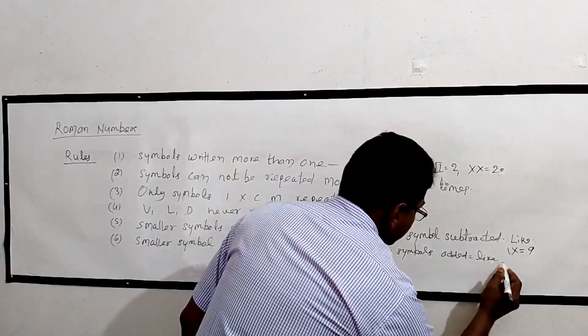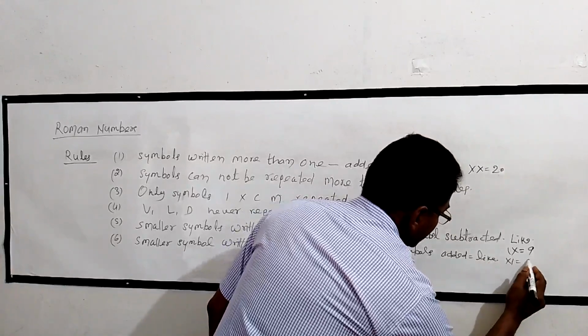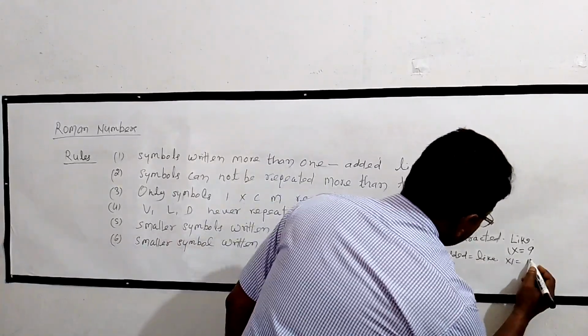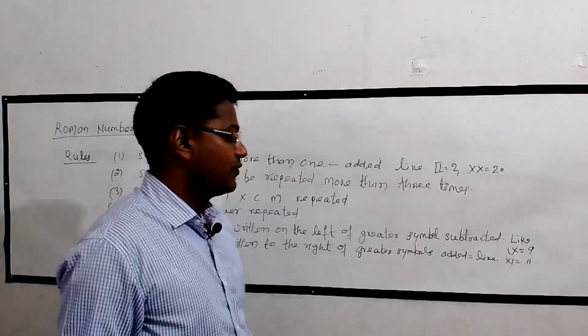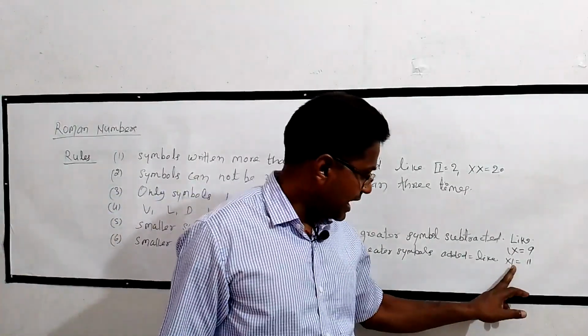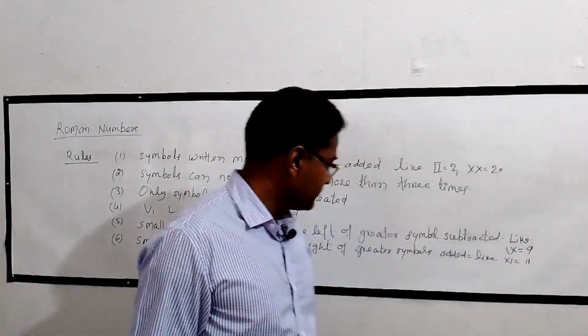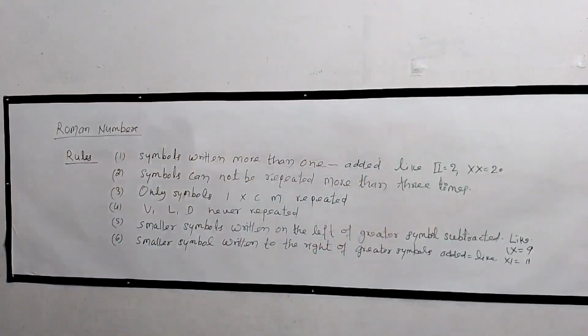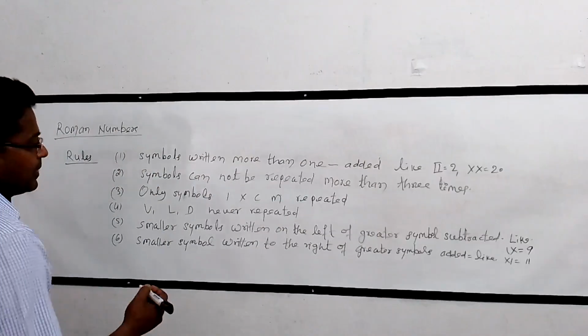Like XI is equal to 11. For example, here X is 10, I is 1, so XI is equal to 11. Okay.